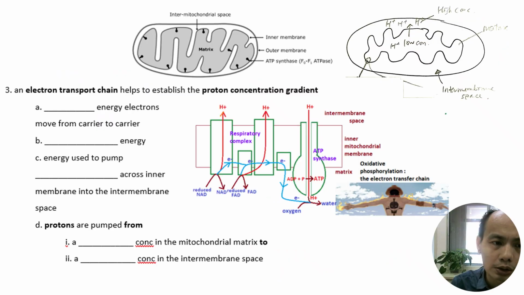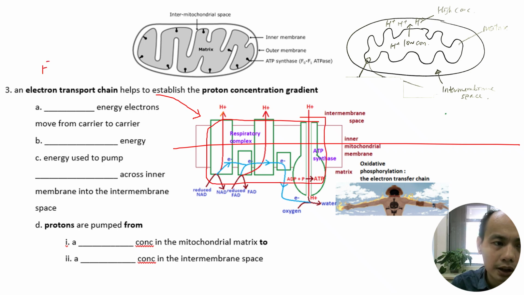Electron transport chain. So you look at this picture. This is a membrane. So these are the electron transport chain, we call it ETC. ETC has to establish a proton concentration gradient. What does it mean?